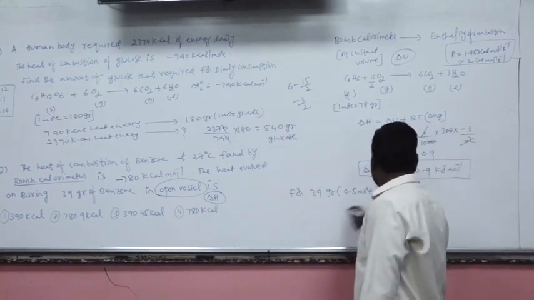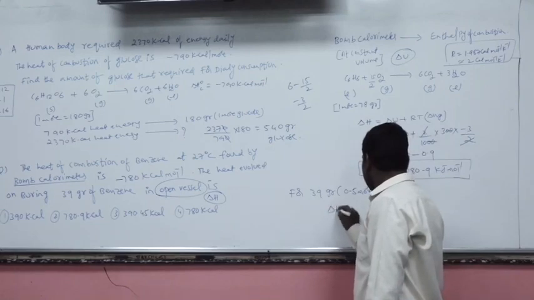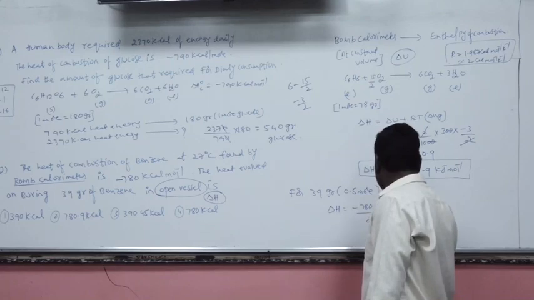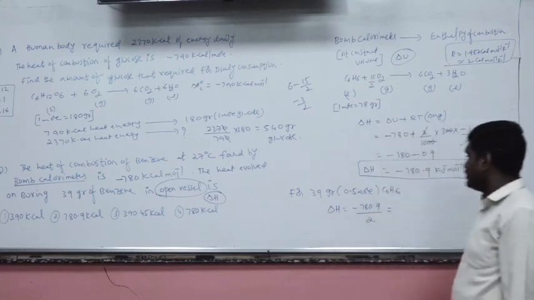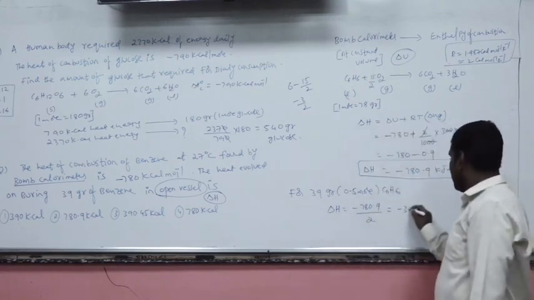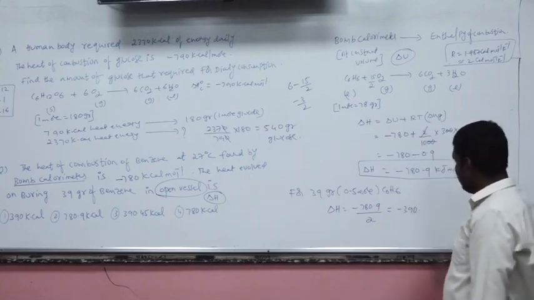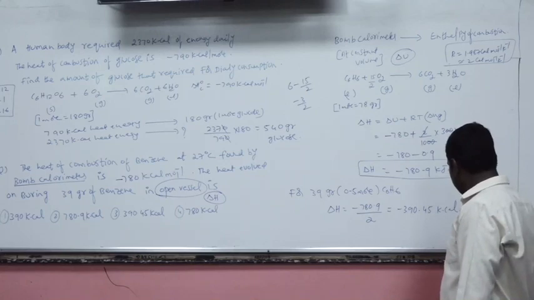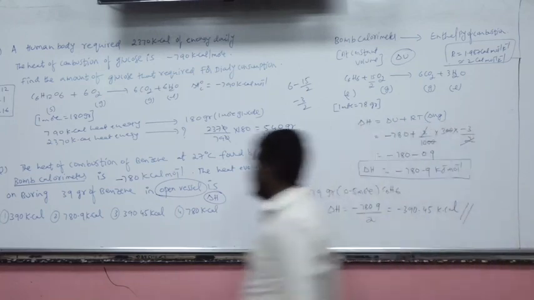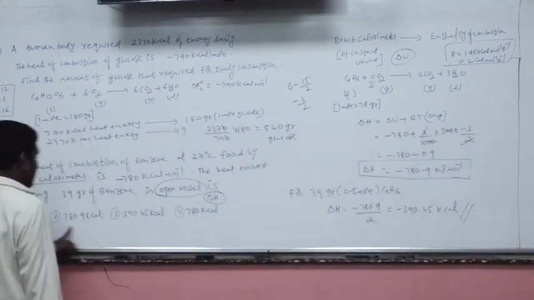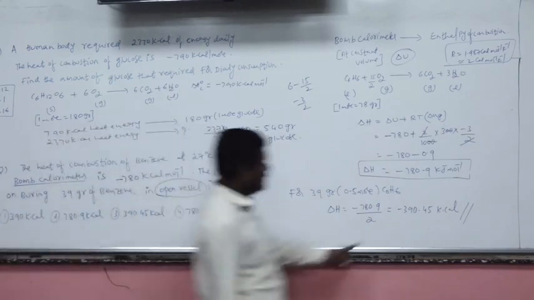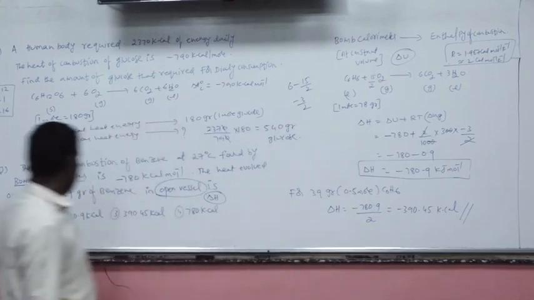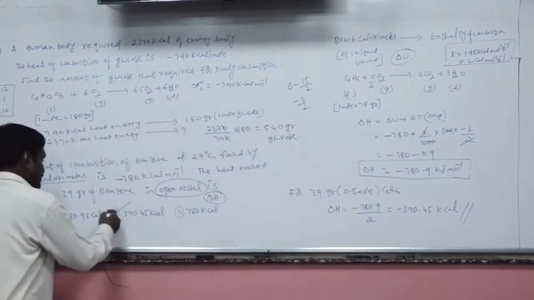So delta H is equal to minus 780.9 divided by 2, that is 390.45 kilocalories. Here in the options, the magnitude is given, so just take the magnitude, 390.45. So this is the answer.